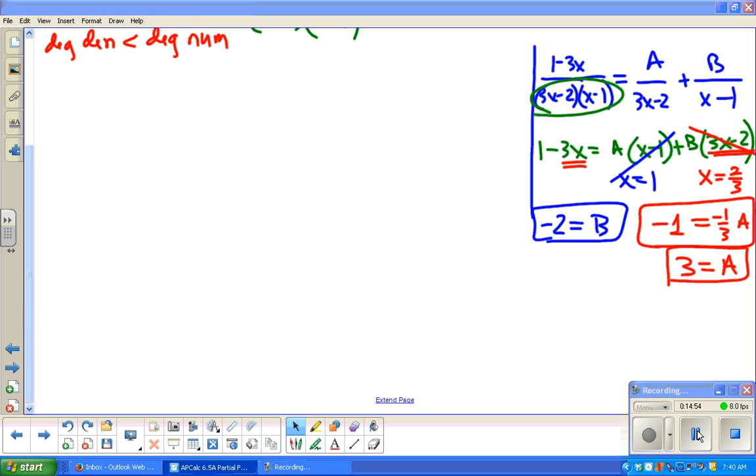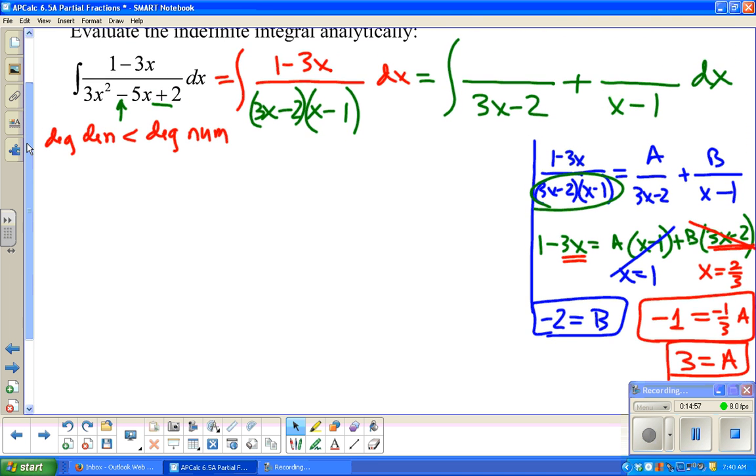Okay. All right, so with that in mind, the A was the numerator of 3x minus 2, so I'm going to put that right there. And the B is the numerator of the other one. I'll put that right there. Okay.